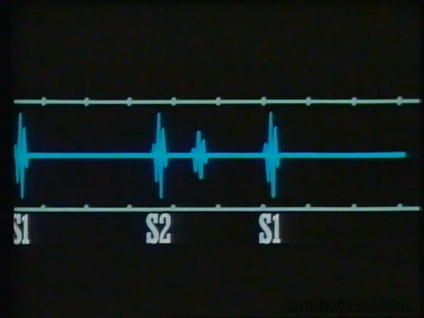There you have it, increased heart rate and an additional heart sound producing a gallop.